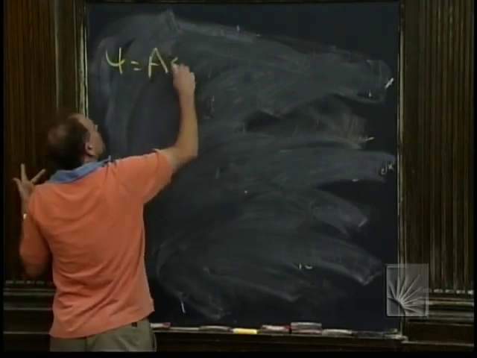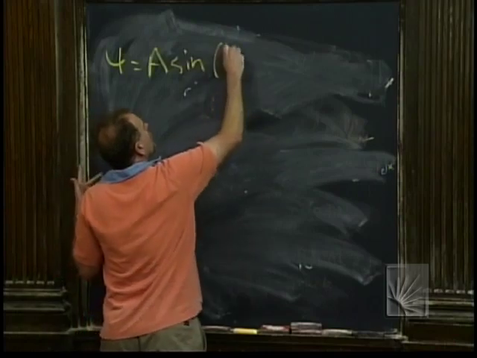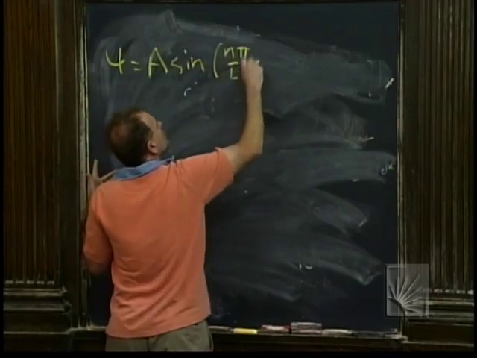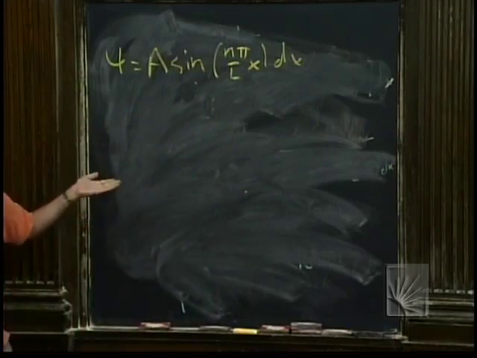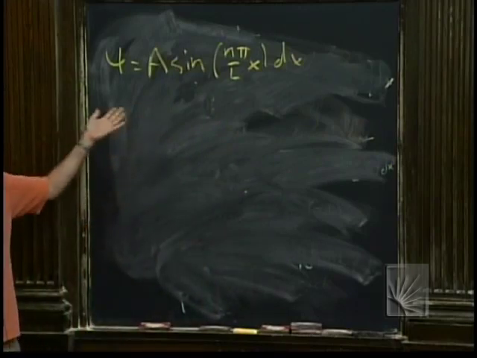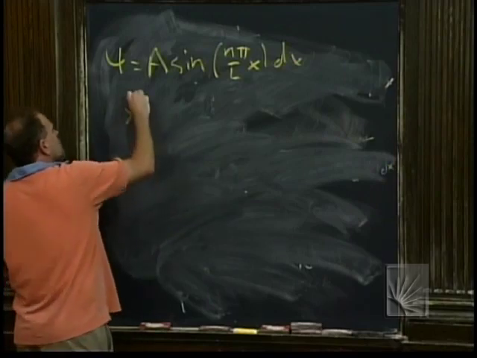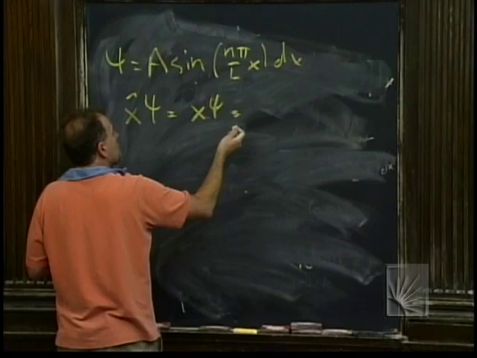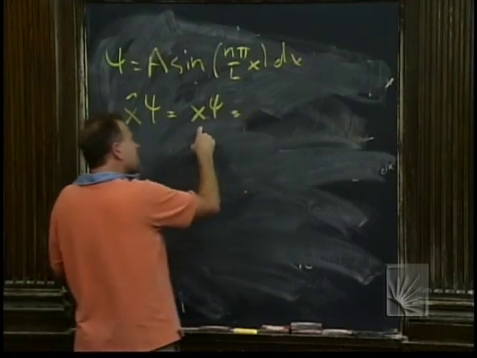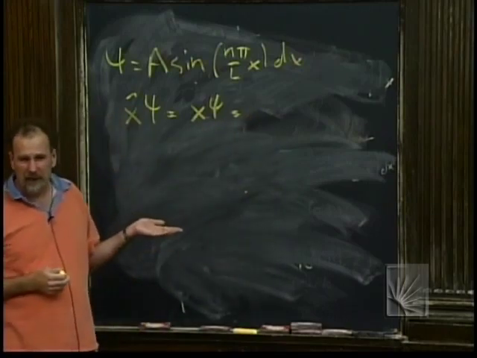Psi equals a sine of n pi over L x. No, it's not, because the x operator times psi is x times psi. x is not affecting psi in the way that a derivative does.